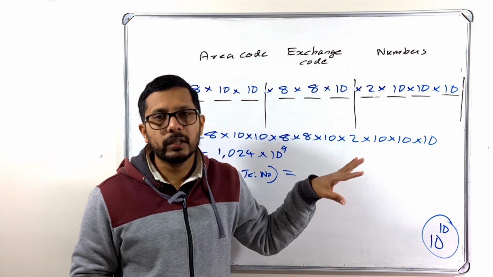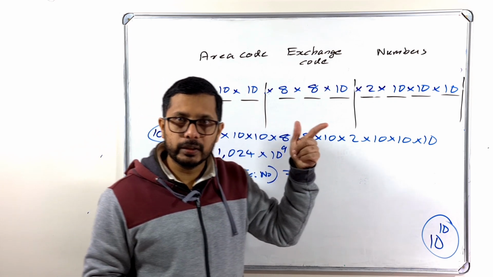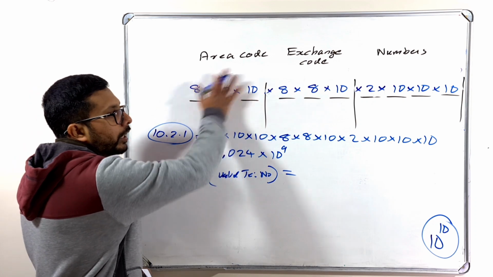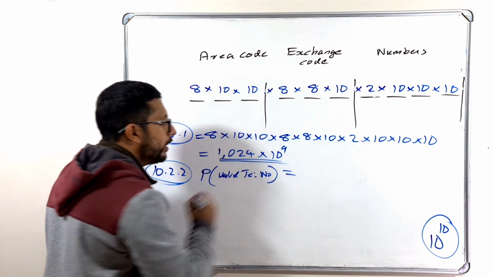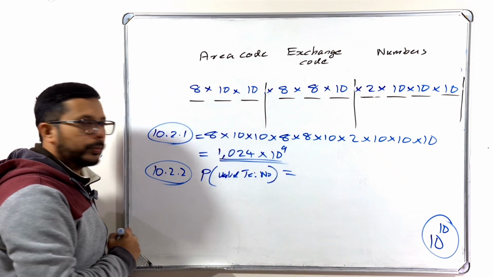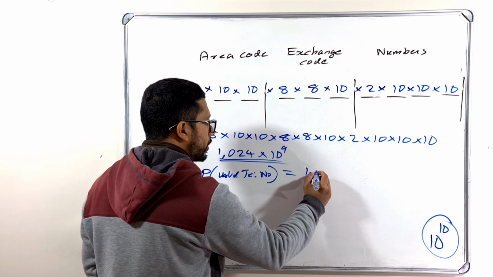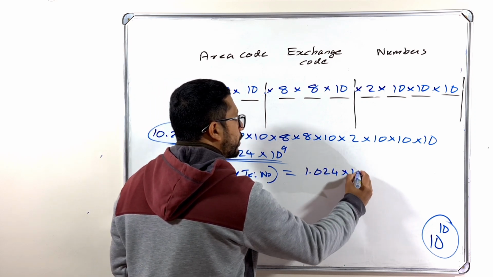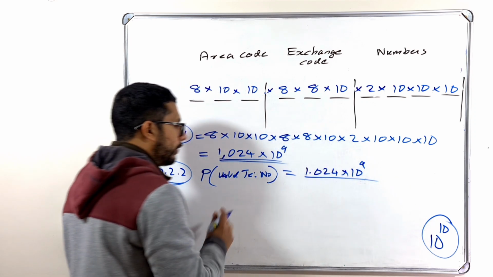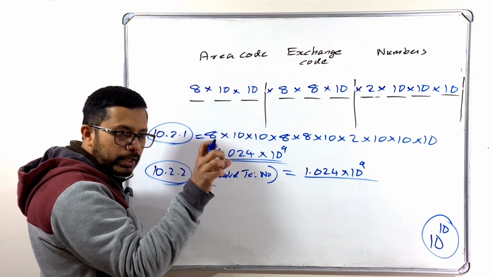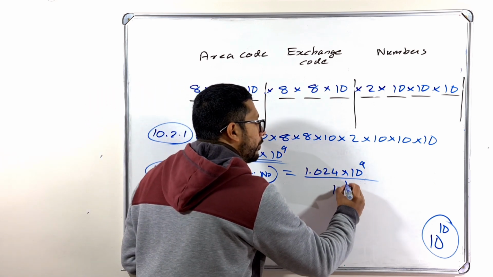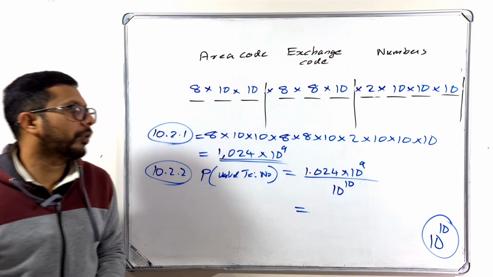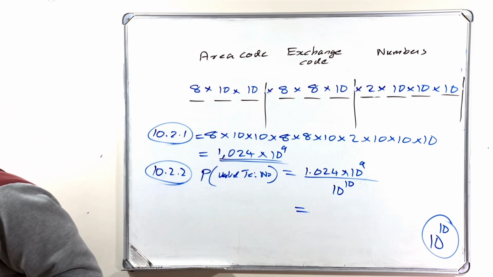According to this validity condition, there are these many possibilities. So the probability is 1.024 times 10 raised to 9, after the restriction, divided by the total possibility without any restriction, that means divided by 10 raised to 10. So 1.024 times 10 raised to 9 divided by 10 raised to 10.